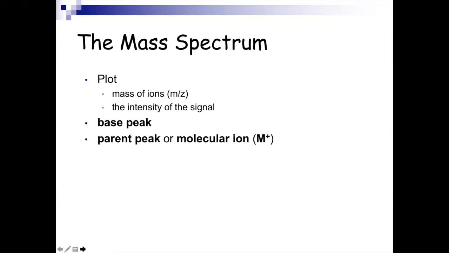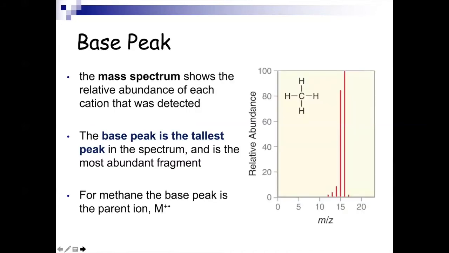The two things we're going to talk about in the mass spectrum specifically are the base peak, which is the biggest peak, the one that has the highest intensity, and the parent peak, or molecular ion, or M+, which we just talked about. That's the molar mass. That is our intact molecule. So the base peak is the highest peak, and this one I always describe as the most stable carbocation.